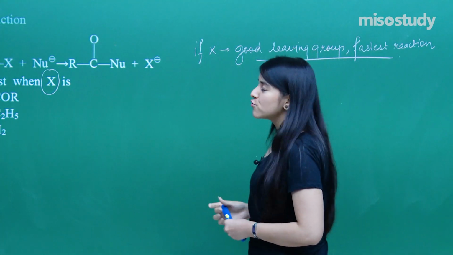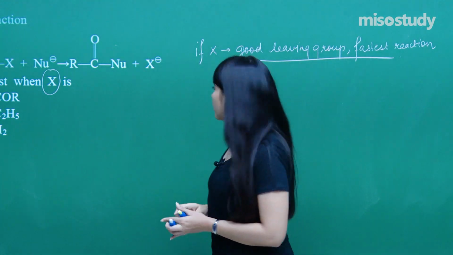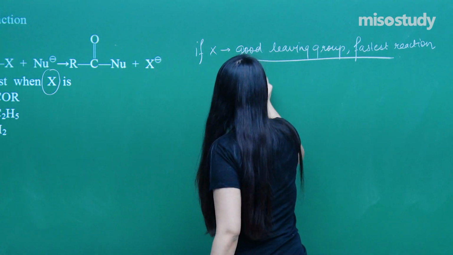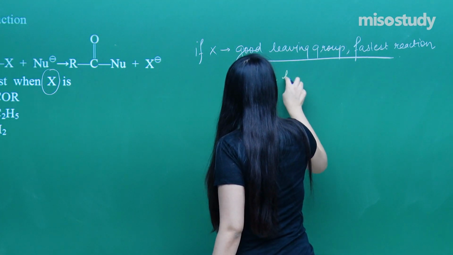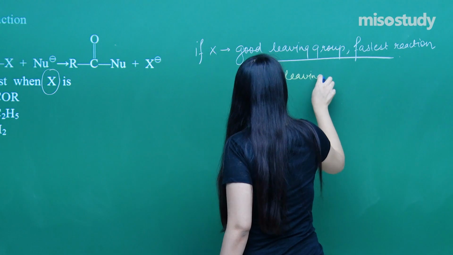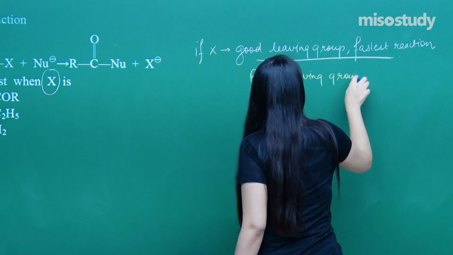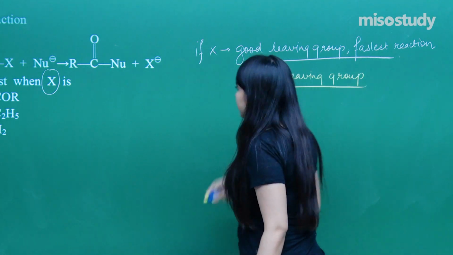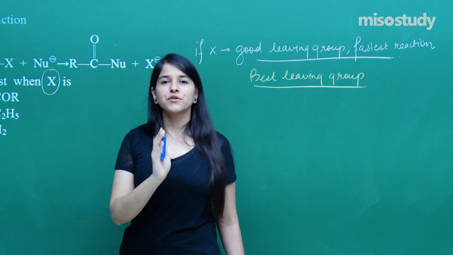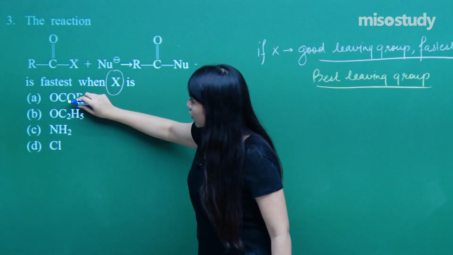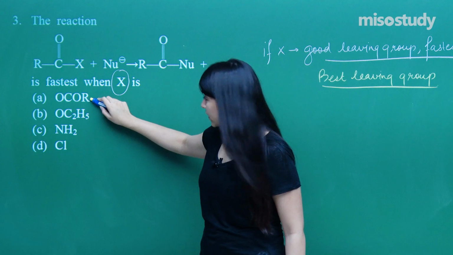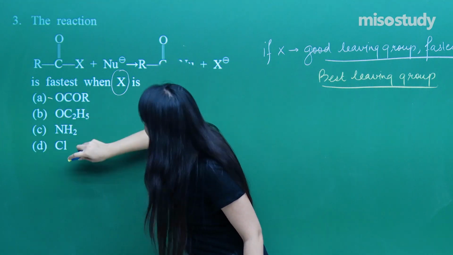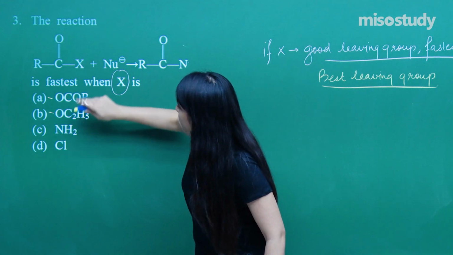I need to find out the best leaving group out of the four. So which will be the best leaving group? It's a very simple question. Just by looking onto the options, you can get the answer. Here I've got OCOR, that is one leaving group. These are the groups that may be attached on here.